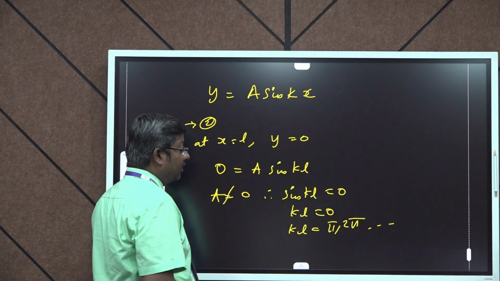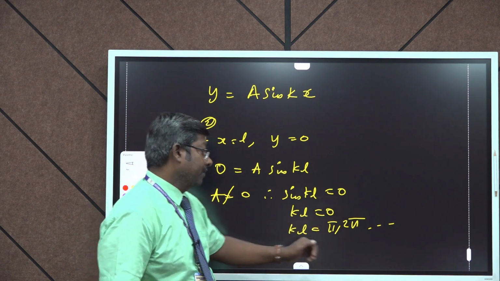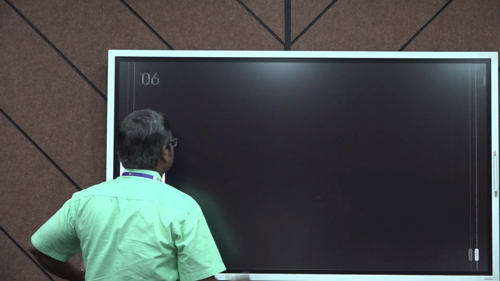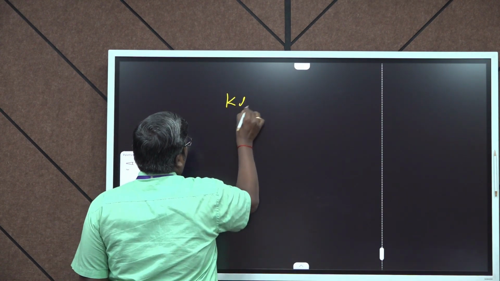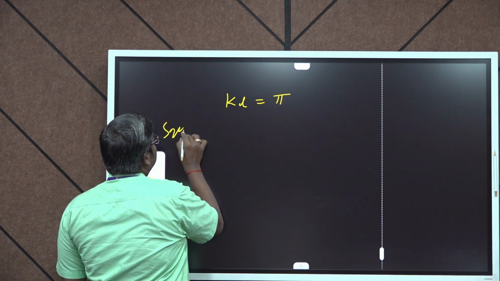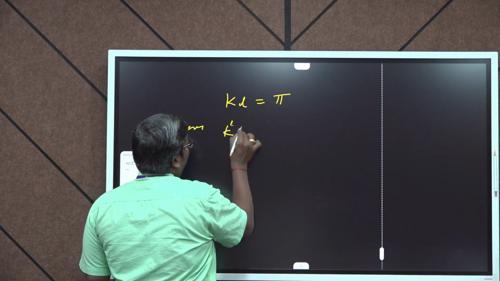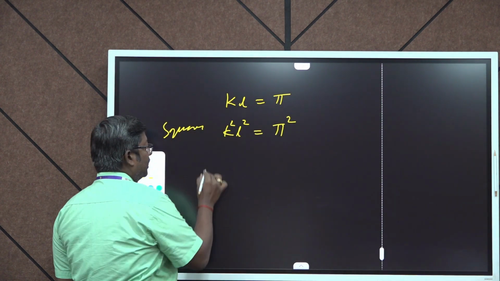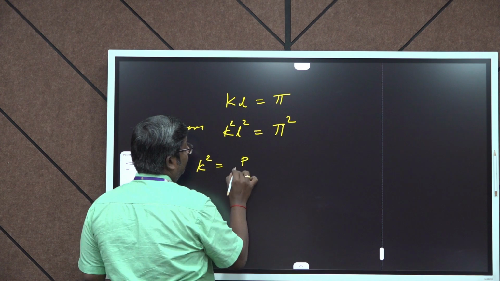So, we can equate kL with pi. So, kL equal to pi. Take square on both sides. We will get k square L square equal to pi square. We know k square equal to P by EI.